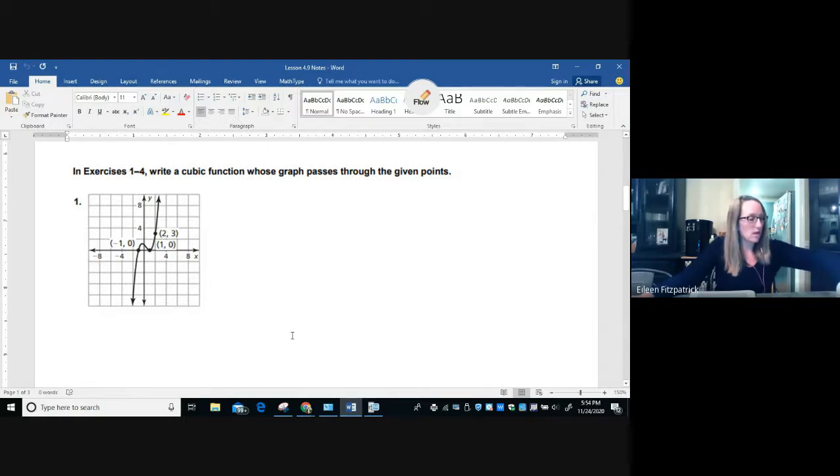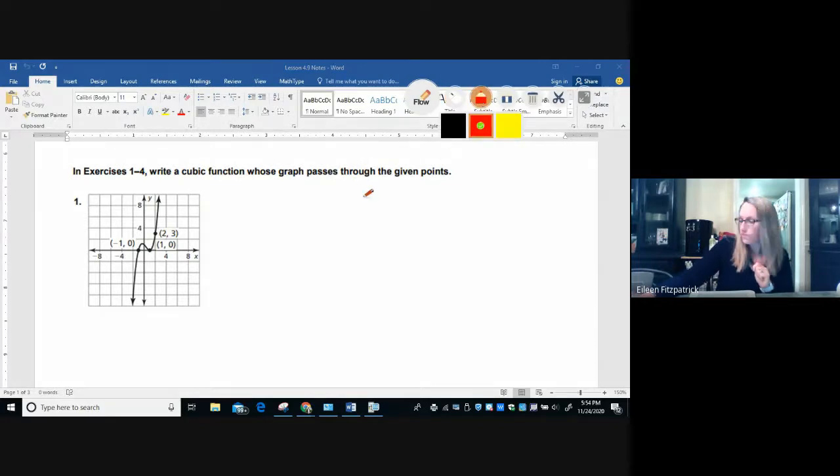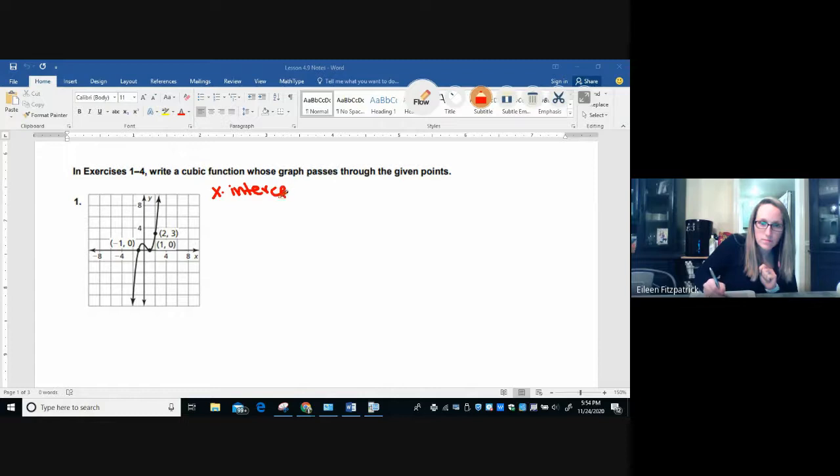Okay, so let's talk about what we know as we look at this function. When we look at this, we know that the x-intercepts are -1 and +1.